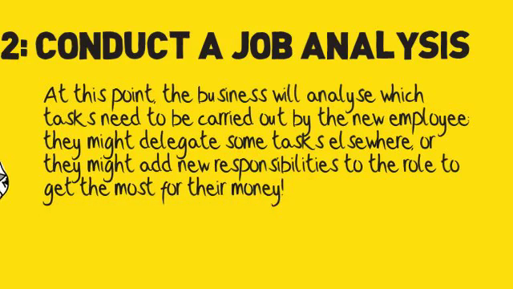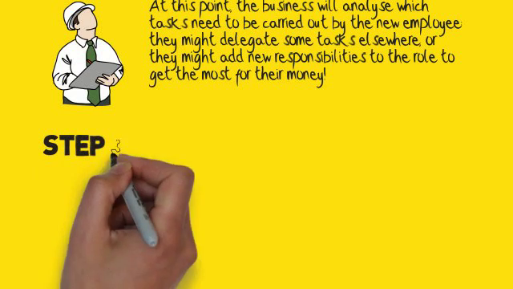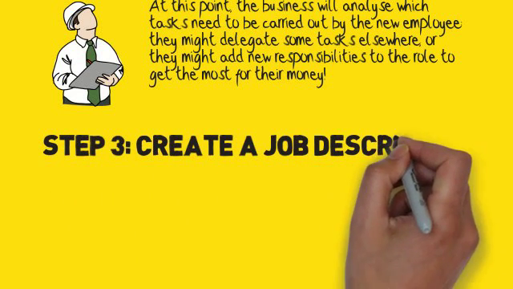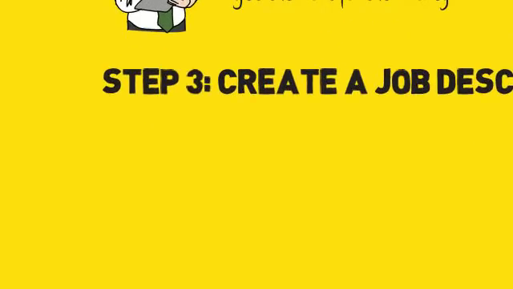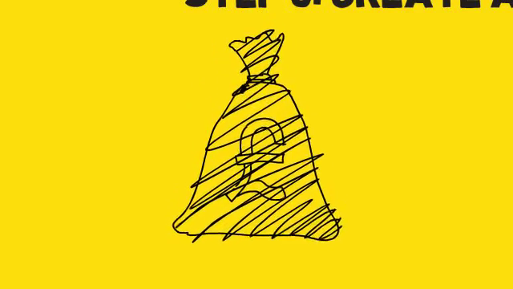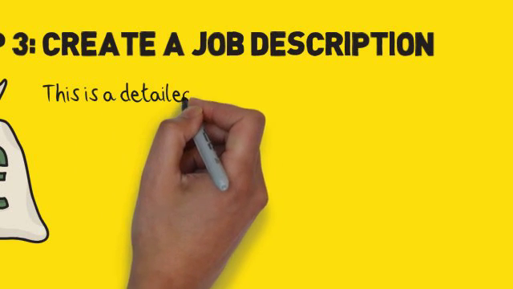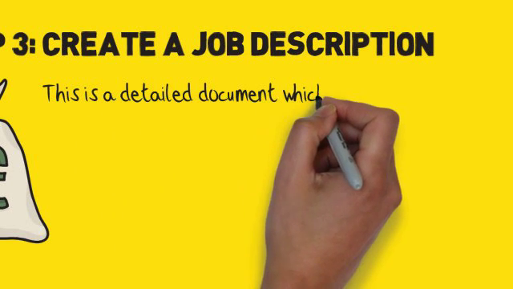In step 3, we create the first of our documents that we will allow possible candidates to see. We'll create the first one as a job description. Now, a job description is a very detailed document, usually made available online. And in this document we'll list all of the tasks and the responsibilities that the person will be expected to do in the job.